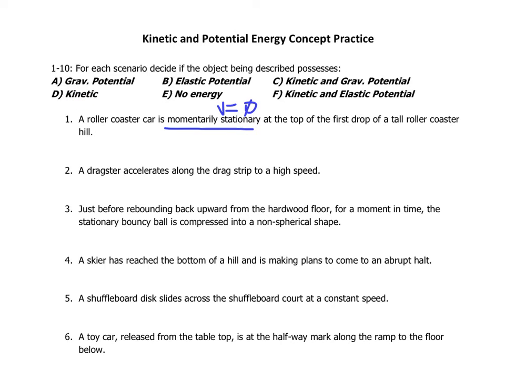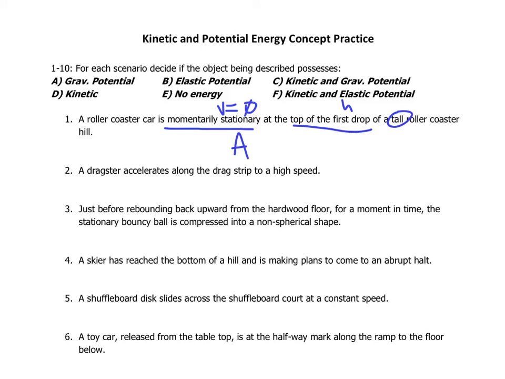If we keep reading, it says it's at the top of the first drop of a tall roller coaster, so it's implying that it has a lot of height. It doesn't mention anything about anything being stretched or compressed. So all that I'm really looking at here is one type of energy, the energy that's dependent on height, which is gravitational potential energy, which is answer choice A.